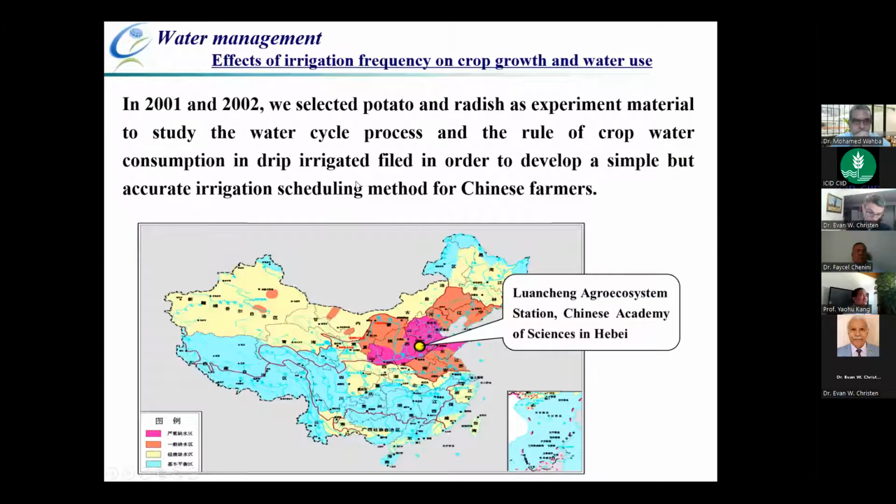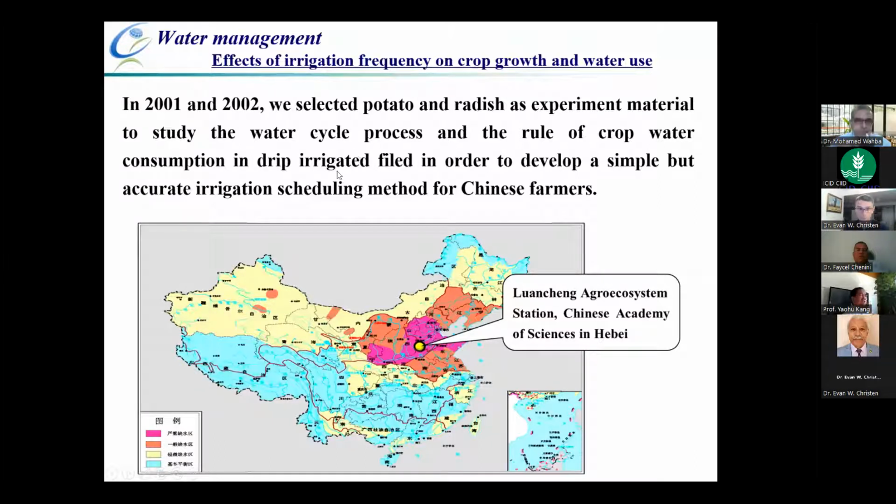Firstly, for the water management, in 2001 and 2002, we selected potato and radish as experiment materials to study the water cycle process and the crop water consumption in drip irrigated fields, in order to develop a simple but accurate irrigation scheduling method for Chinese farmers.